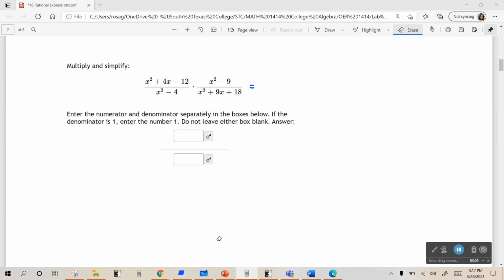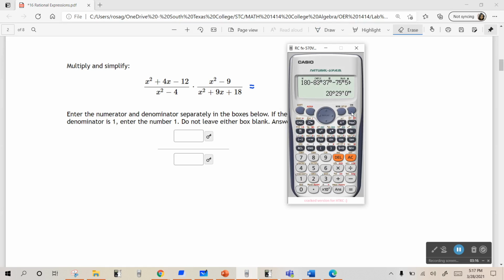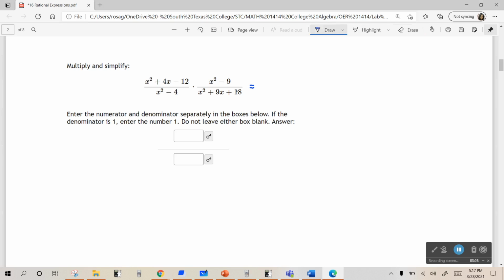So like for this one, I'm going to show you a little trick here. If you go to mode 5 and 3, you can type in the A, B, and C. For this one, A would be 1, B would be 4, and C would be -12.